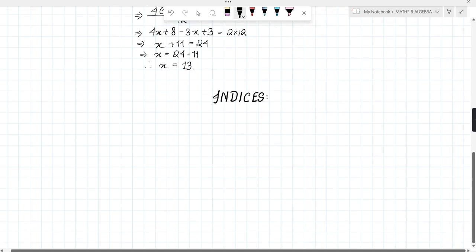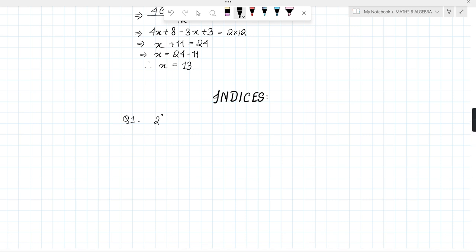So for indices, our question 1 was 2 power 3x equals 64.